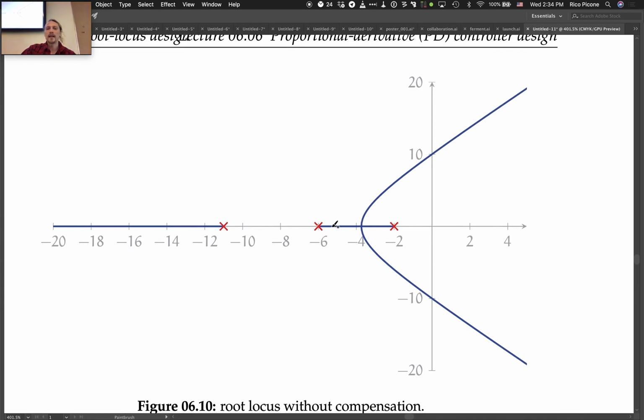So our test point was -5 plus j8, right? j8 point something. So this is our desired closed loop pole location. The root locus is over here. Not going to do it, is it? Right? The root locus does not go through our test point. Therefore, no matter what we change our gain to, we're never going to get the performance we want.